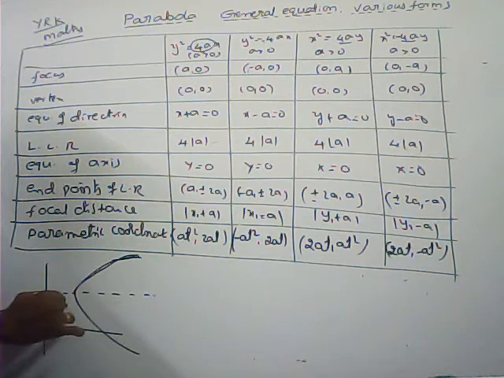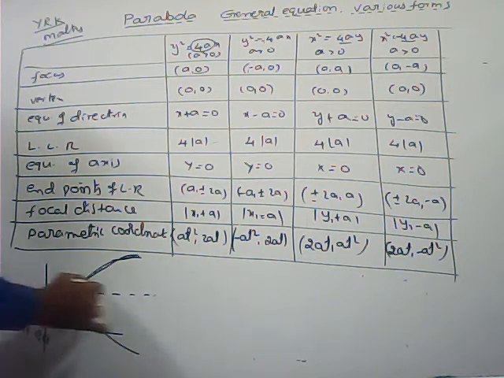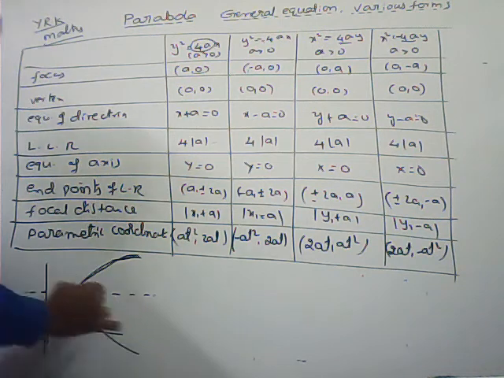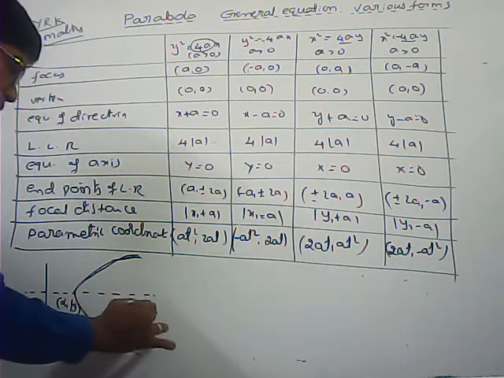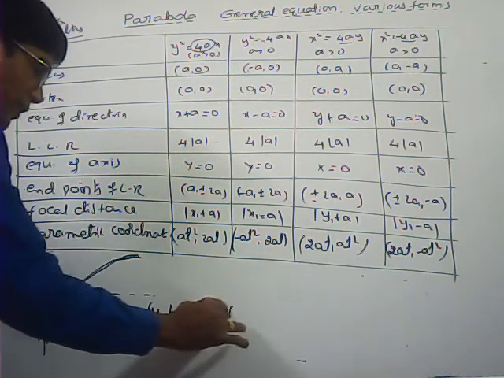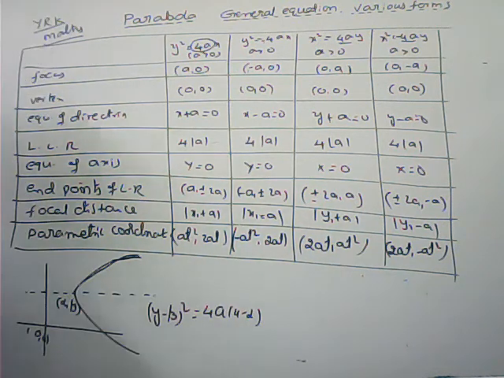So origin shifted to some other point alpha comma beta, then the equation of the parabola is, here we can write y minus beta whole square is equals to 4a into x minus alpha.